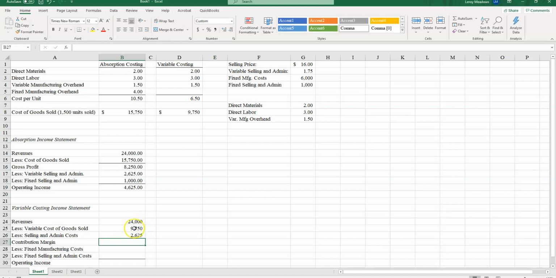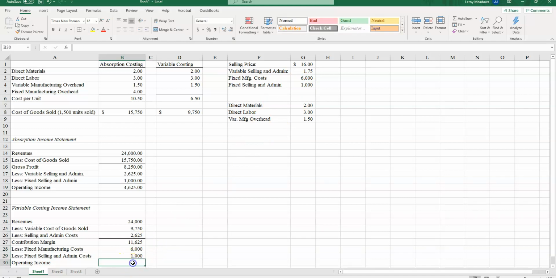So our revenues minus our total variable costs gives us our contribution margin, just like what we did before. So let's figure that out. Our contribution margin is 11,625 minus my fixed manufacturing costs, which were 6,000, and fixed selling and administrative costs we figured out here was 1,000.